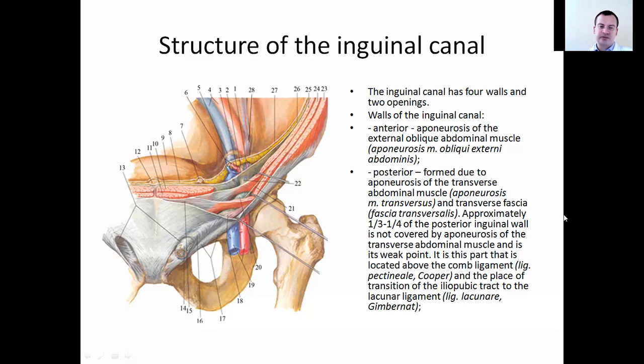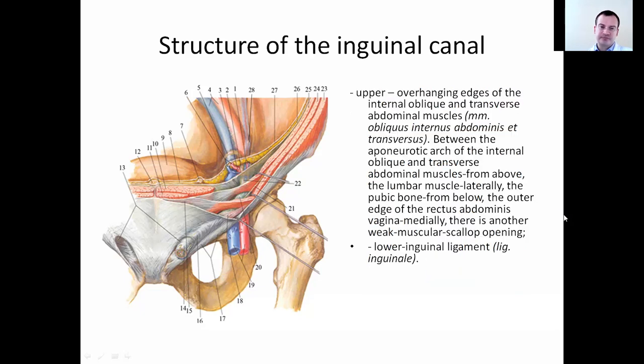Approximately 1/3 or 1/4 of the posterior inguinal wall is not covered by aponeurosis of the transverse abdominal muscle and is a weak point. It is this part that is located above the ligament and the place of transition of the iliopubic tract to the lacunar ligament.